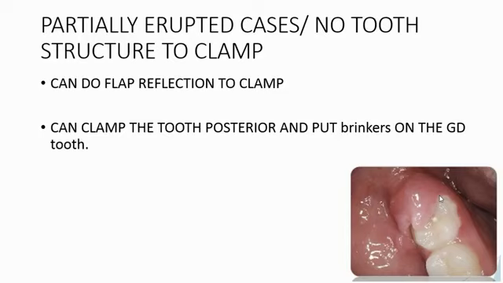I'll show you the pictures of the Brinkers. They are special rubber dam clamps which can be attached to a very small tooth surface area and give wonderful isolation. I'm loving them, because I've started using these Brinkers, and they give isolation in teeth which earlier I was not able to isolate with normal rubber dam clamps.